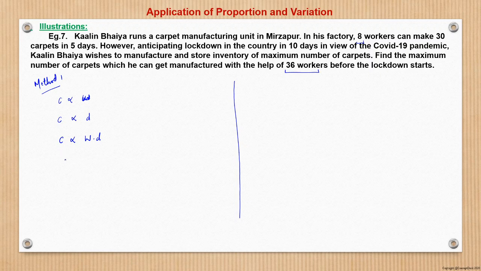So from here now I can write C1 upon C2 is W1 into D1 upon W2 into D2. Initial number of workers W1 is 8, initial number of days D1 is 5, and W2 is 36 workers, and D2 is 10 days, because in 10 days only the lockdown is going to start. So in 10 days he has to produce so many.